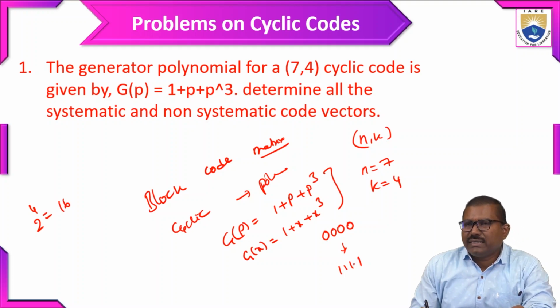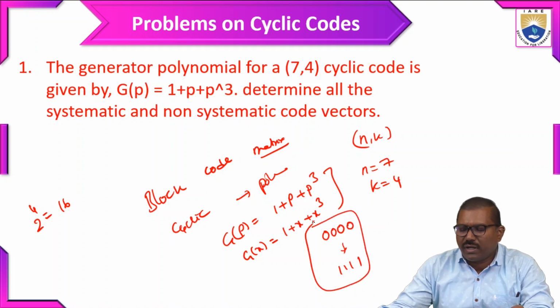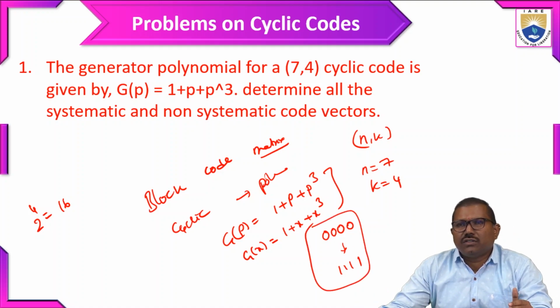So totally 16 code words are generated by using the given messages, from 0000 to 1111. Totally there are 16 message blocks. For the 16 message blocks, we can generate 16 code blocks in a block code.